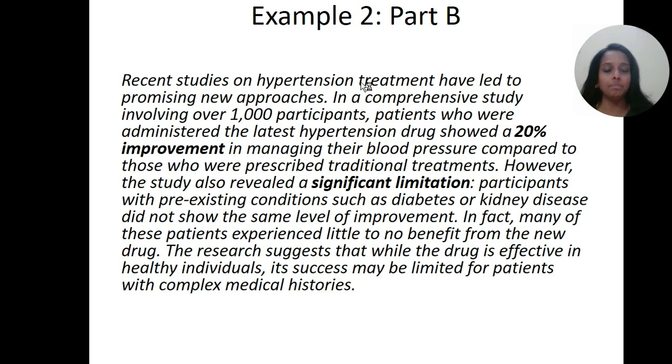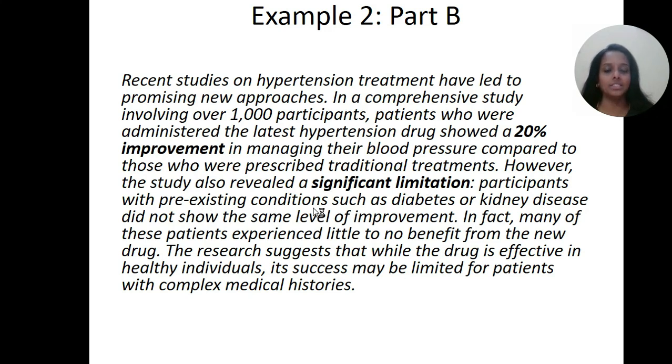Recent studies on hypertension treatment have led to promising new approaches. In a comprehensive study involving over 1,000 participants, patients who were administered the latest hypertension drug showed a 20% improvement in managing their blood pressure compared to those who were prescribed traditional treatments. However, the study also revealed a significant limitation.